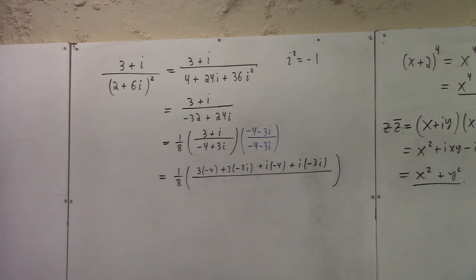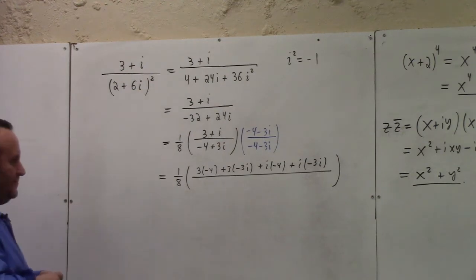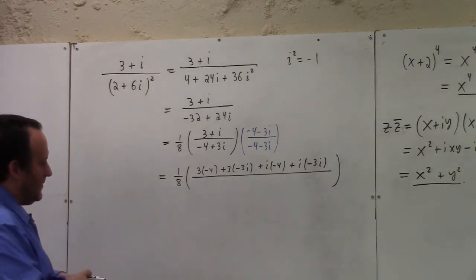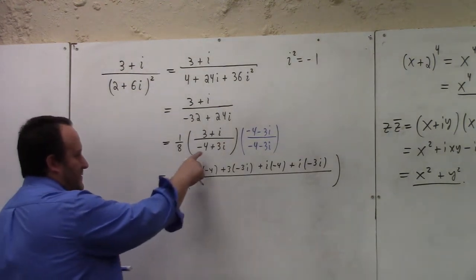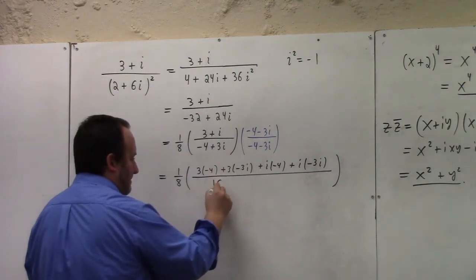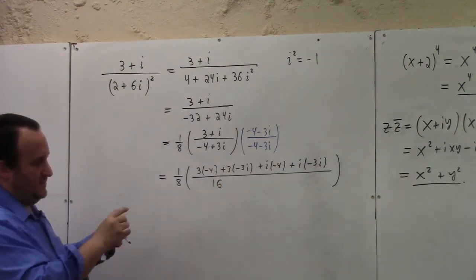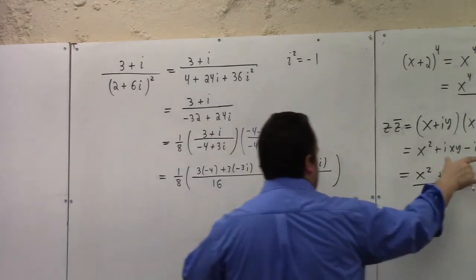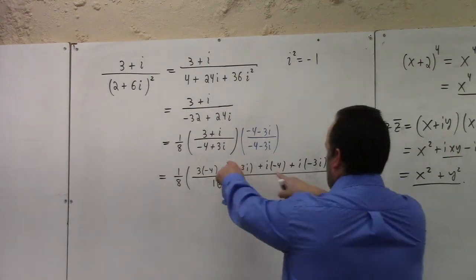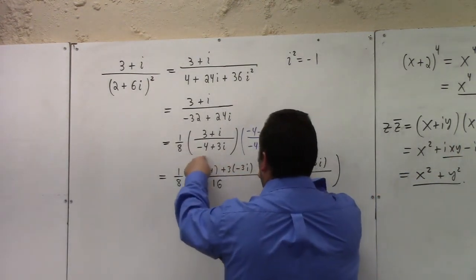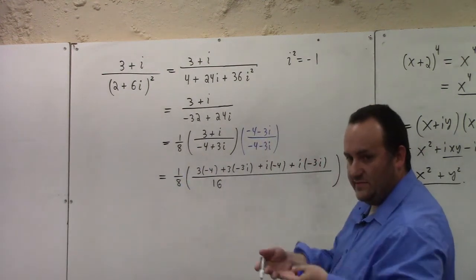So I get 16. Remember, we're going to get these guys canceling. So I get like a minus 12i plus 12i. The imaginary pieces cancel.